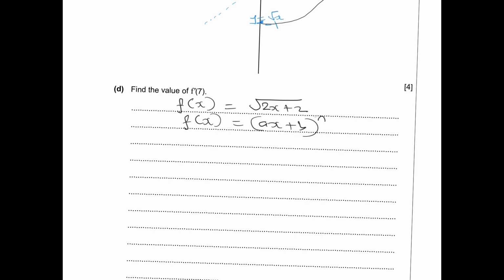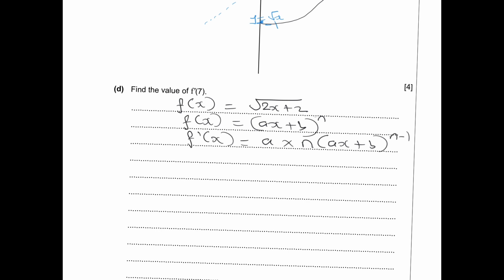In this case, if we are looking at that general function, the derivative is the inner derivative, where the inner function is ax plus b, so if we differentiate it we get a, multiplied by the outer derivative. That's now the differentiation of the whole bracket. We're going to have n in brackets ax plus b to the power of n minus 1.